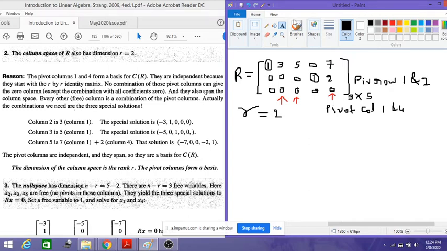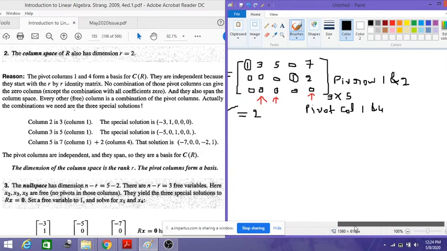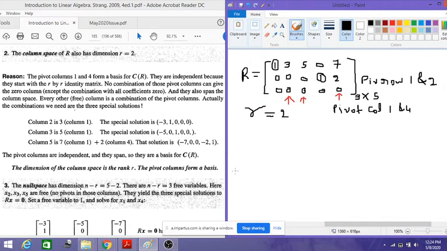So the null space dimension, as we have written here, depends on R, m. The null space has the dimension n minus r.